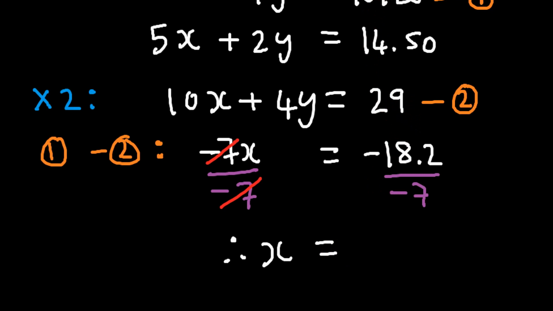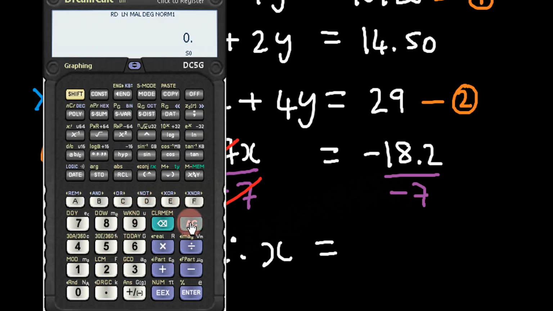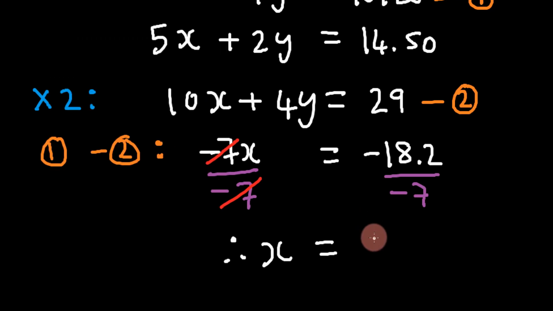Then on the right-hand side, we know that a minus divided by a minus is a plus. So then 18.2 divided by 7 gives us 2.6. So x is $2.6.